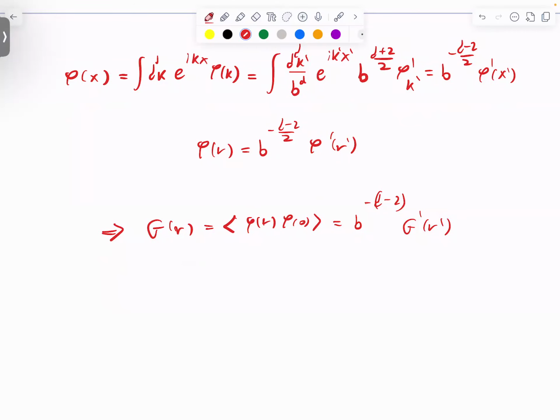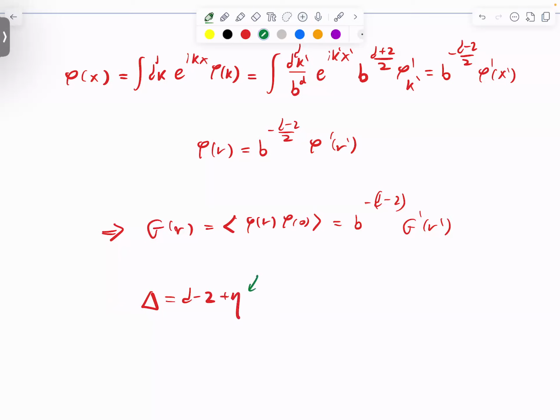We can use this because we know how the fields rescale. Generally we can denote this exponent delta, which is equal to d minus 2 in our case. But generally what we denote is that delta is d minus 2 plus eta.